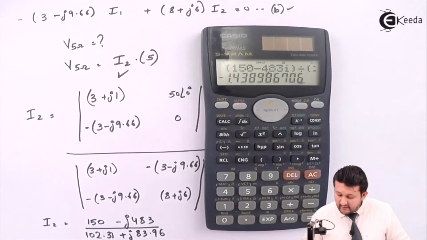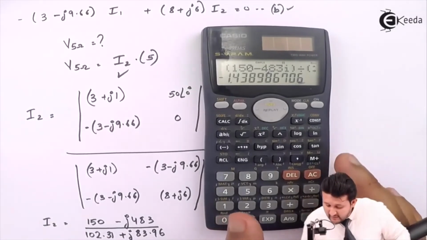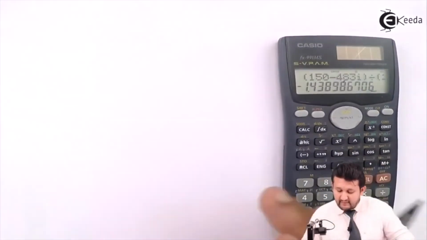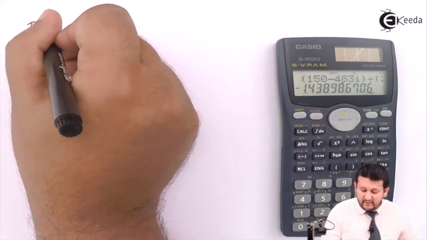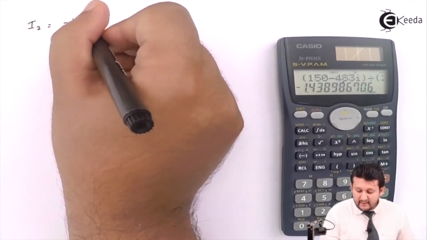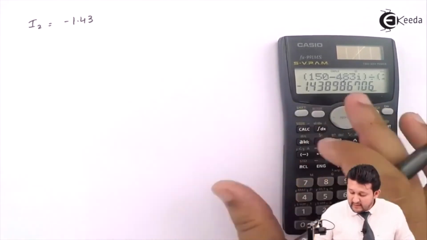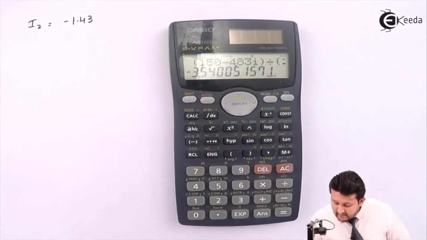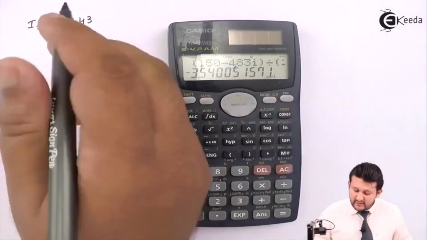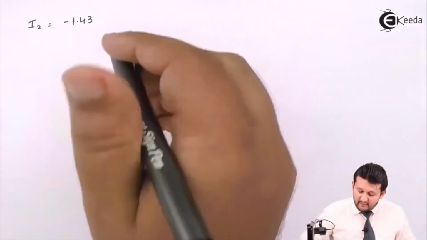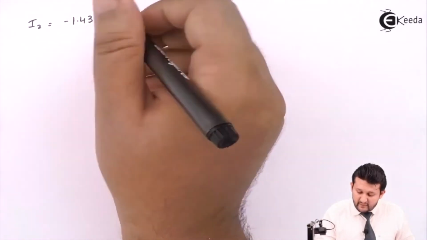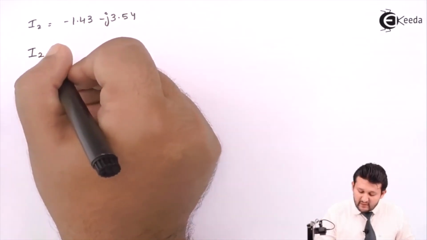So that will be the value, and the real value is minus 1.43. Shift and equal to, the value will be minus 3.54 J. That's the value for I2.